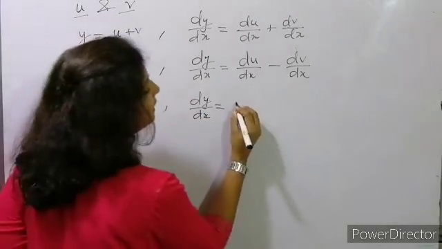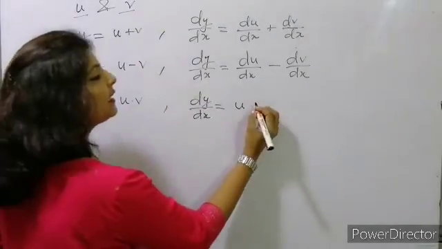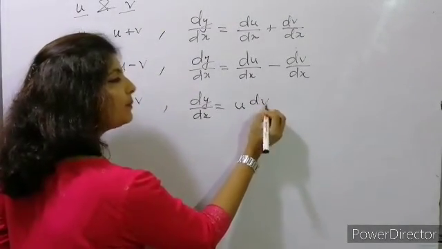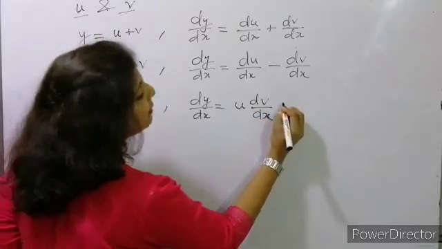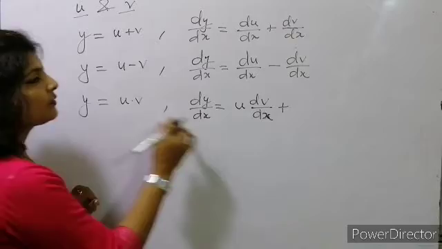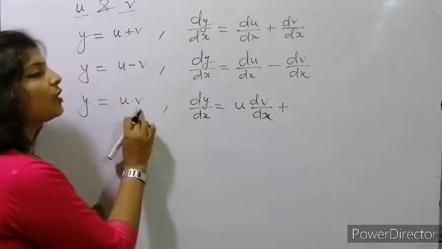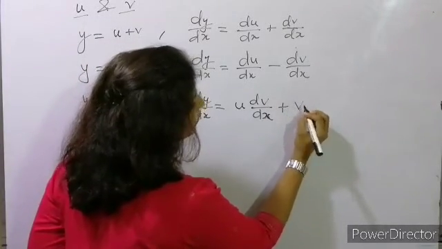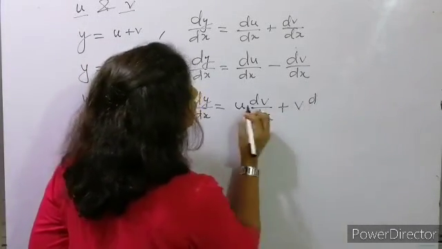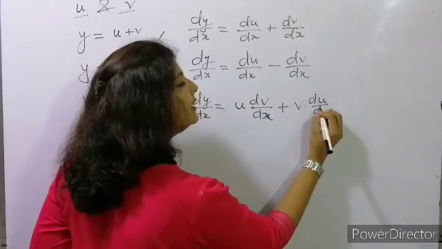In the first one, we'll take u as constant, and we'll take the derivative of v. So dy by dx, u times dv by dx, plus, since this is multiplication, we'll do plus. Now we'll keep v constant and take the derivative of u. So v multiplied by du upon dx.